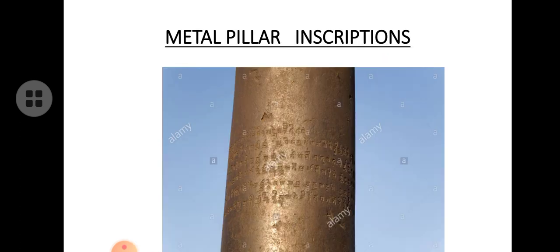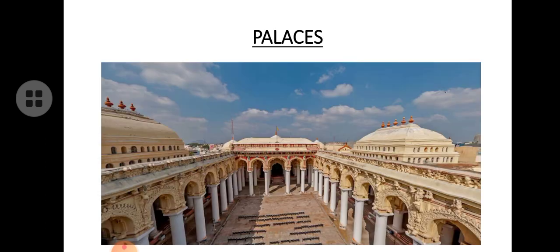Then another type of inscription is metal pillar inscriptions, another archaeological source. In metal pillars, they engrave writings. These are some of the sources which give information about the ancient period.